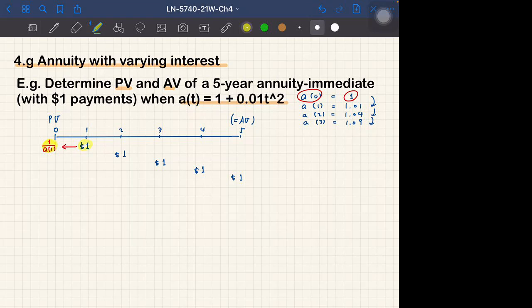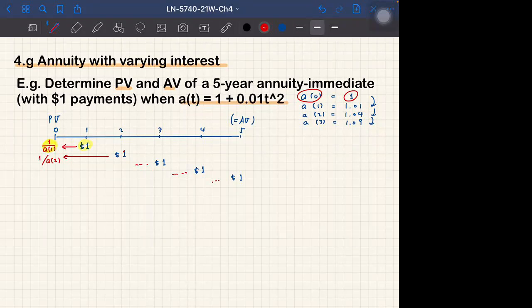So in the same way, the $1 at time 2 is worth 1 over A(2) at time 0. Right, because the $1 becomes A(2) after 2 years. So that means the present value of $1 is 1 over A(2). So we can do the same thing for this one and this one and this one.